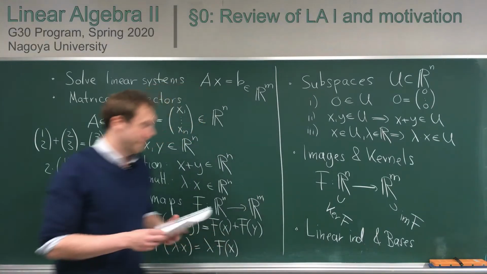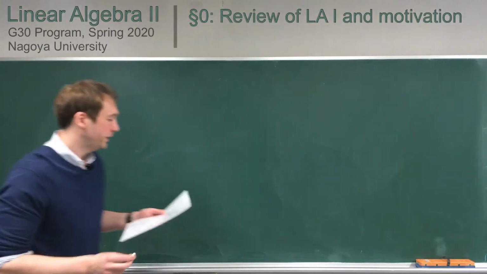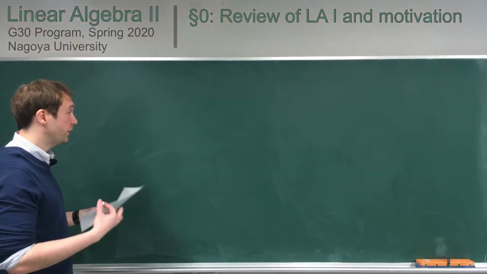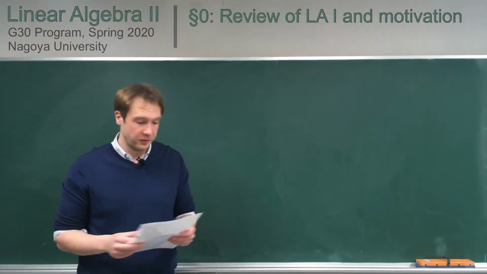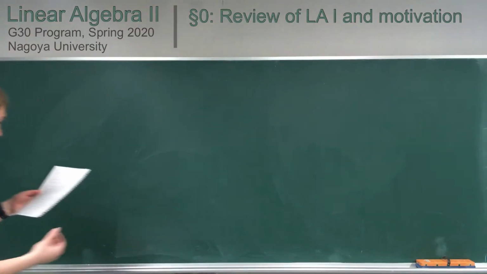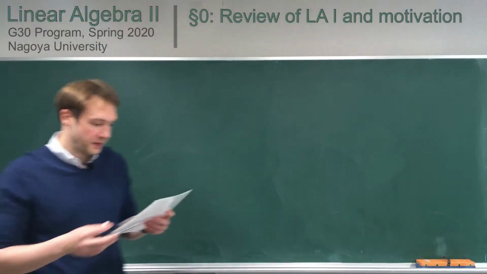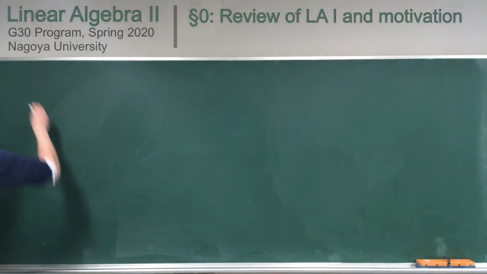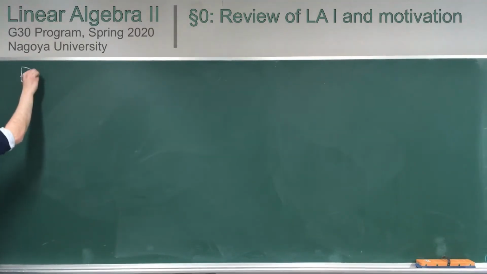notions. Okay, so let me give you one example of an object where we also have some addition and scalar multiplication, and where this notion of subset also makes sense, and the notion of basis and linear independence. Okay, so this is example number 1.